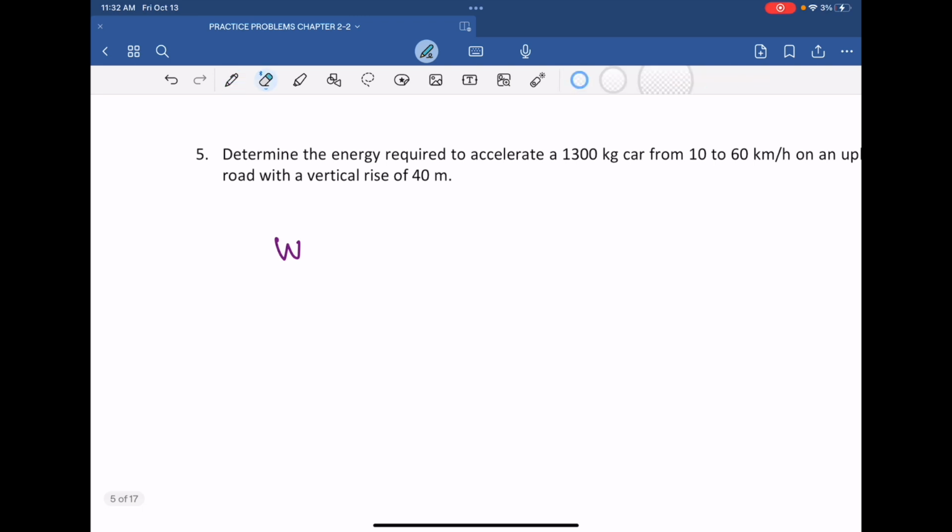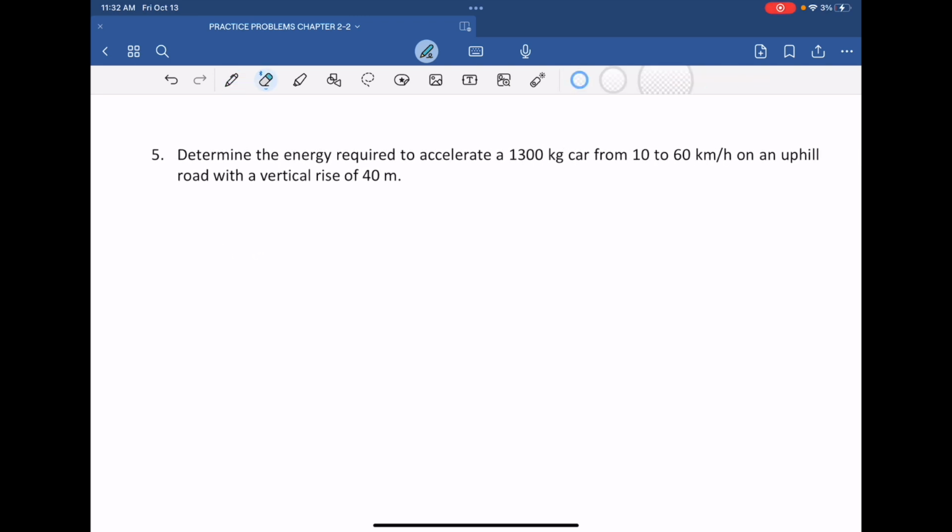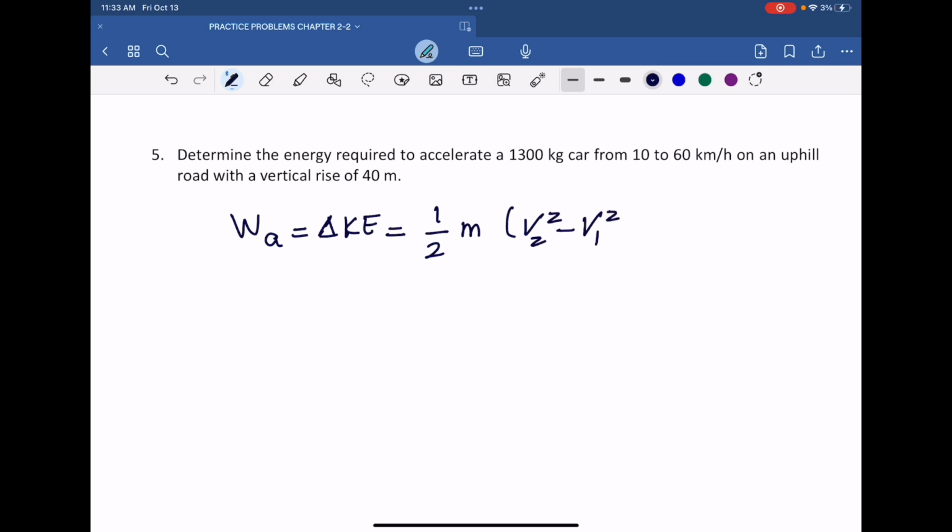Okay, let's use black color. Work to accelerate is equal to the kinetic energy change, because the work we put changes the kinetic energy, and that is equal to 1/2 mass times velocity squared difference.